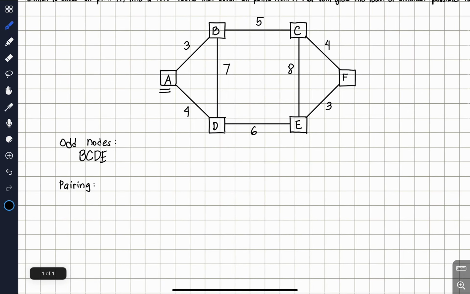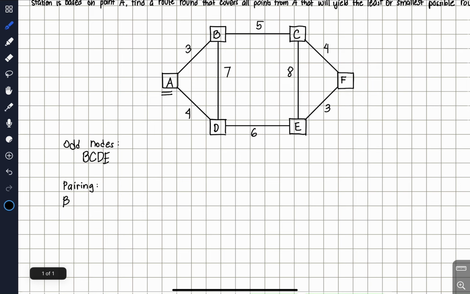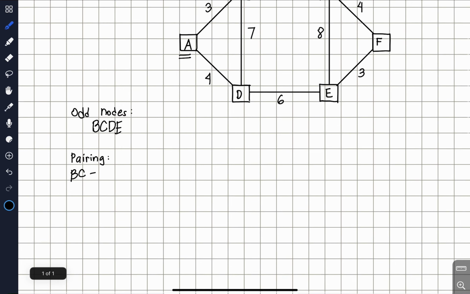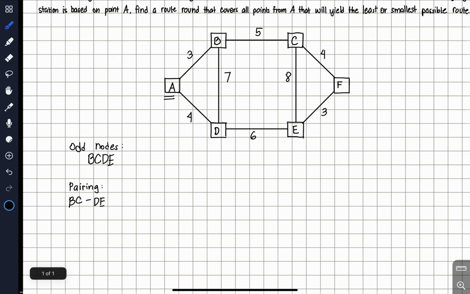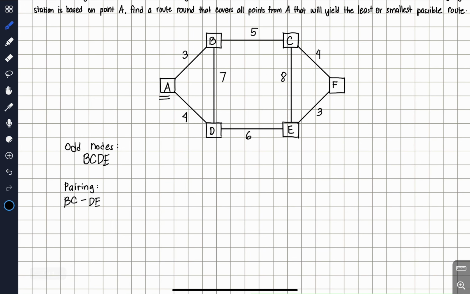So if we have, for example, BC, then probably D is gonna be paired with E. Next, if we have BD, then probably C is gonna be paired up with E. Next is if we have BE, then D is gonna probably be paired up with C. So we have DC.